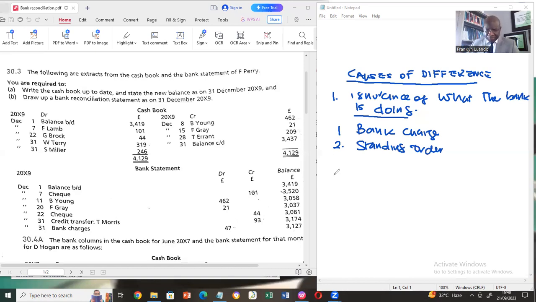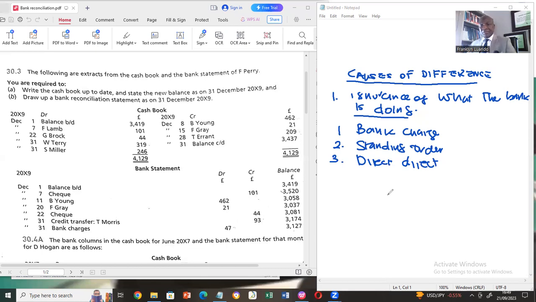So number three, direct debit. Direct debit is also another method of payment, just like the standing order, but for the direct debit, the amounts are different and it is paid at any time.